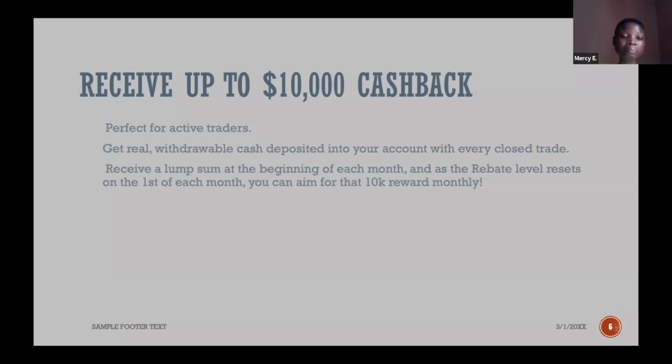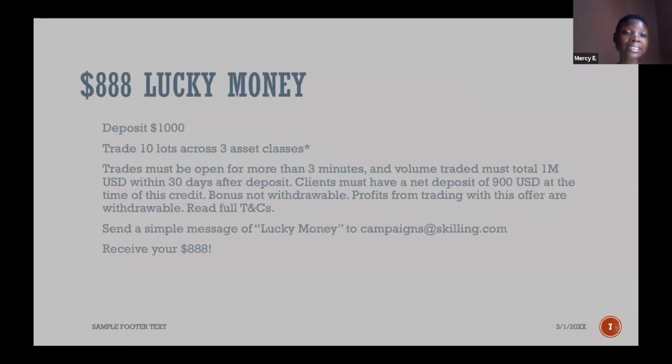Then you can look out for the $888 lucky money. What the lucky money is about is: deposit from $1,000, trade 10 lots across 3 asset classes. For example, trade indices, trade forex majors, trade NASDAQ, 3 different asset classes, 10 lots altogether.